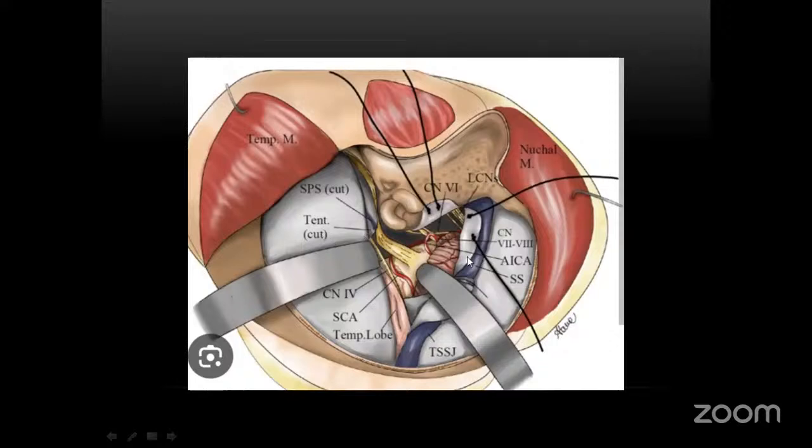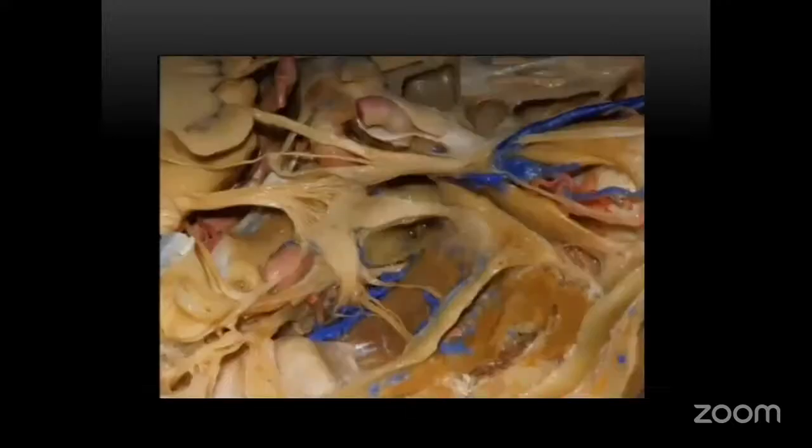We have cut down the tentorium, but before cutting it, we have to expose this whole area, from here to here, not below the transverse sigmoid junction. It will be secured, and we are not opening the dura. After exposing it, we will see two structures: the greater petrosal nerve and the middle meningeal artery.